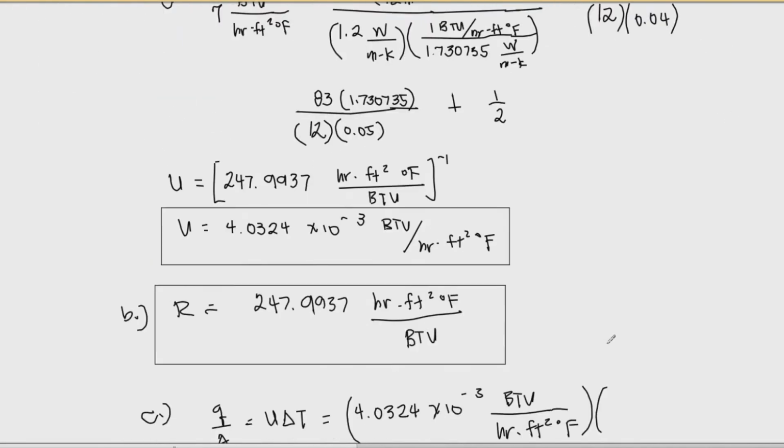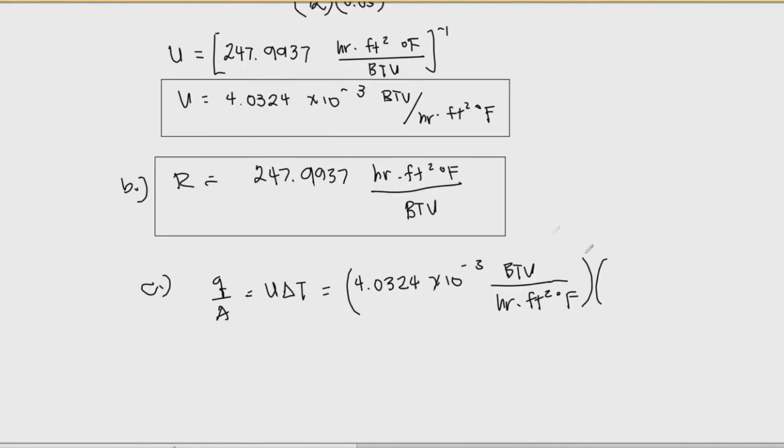So we have 72 degrees Fahrenheit minus 20 degrees Fahrenheit.